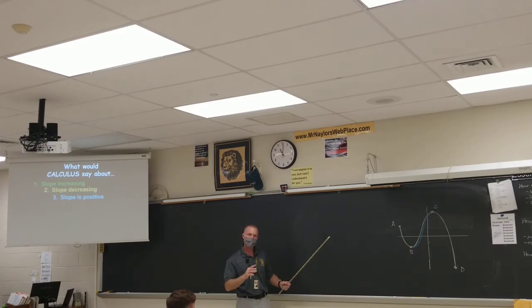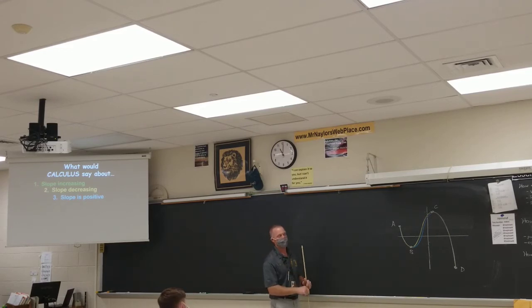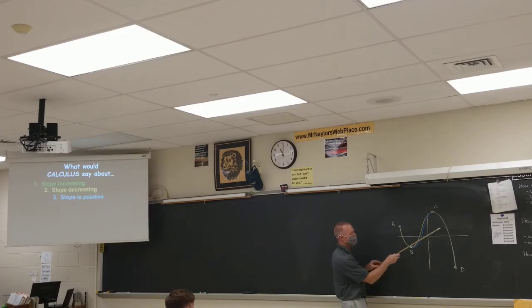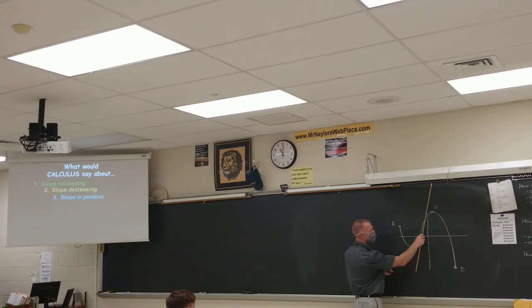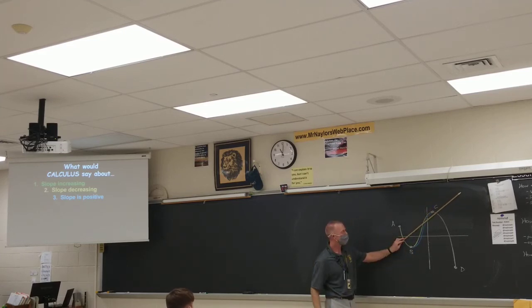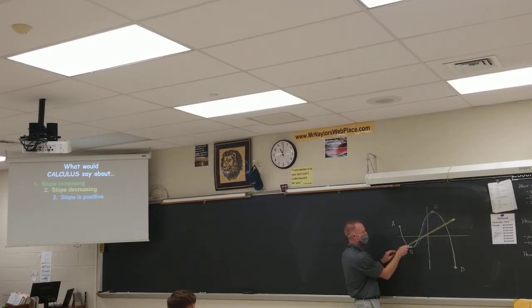We've actually talked about this a little bit, but simply everywhere in this interval, everywhere in this blue interval, my slope, my rise over my run, the tilt of this line is always positive. Okay? Positive, very positive, but still positive all the way along here.